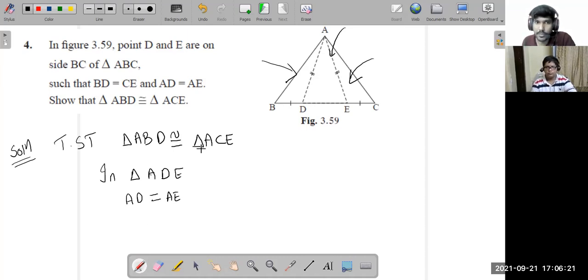First we are just talking about the middle triangle. Angle ADE is given, so this becomes an isosceles triangle. In an isosceles triangle, angles opposite to the congruent sides are also congruent. So angle ADE will be equal to angle AED.